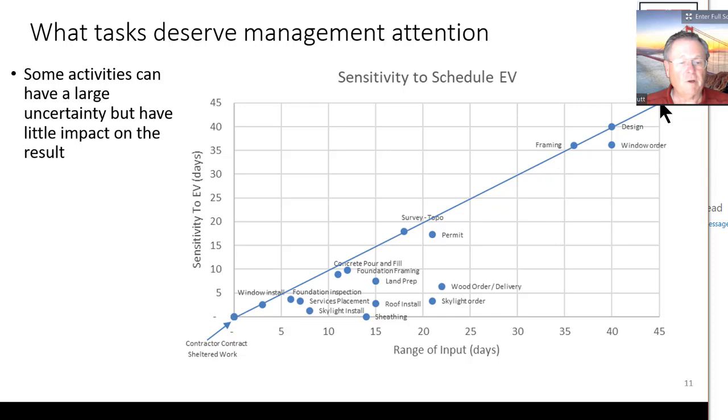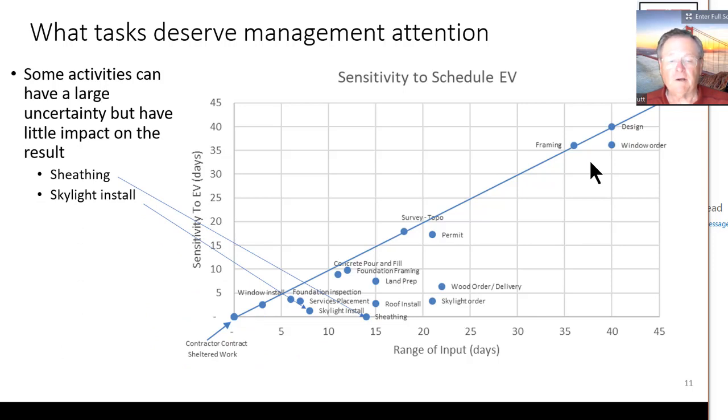So this is going up to 45 and 45. Since the design has a 40-day differential, and it changes the EV by 40 days, it's always going to be on the critical path. Any change in design will be 1-to-1 on the EV schedule.